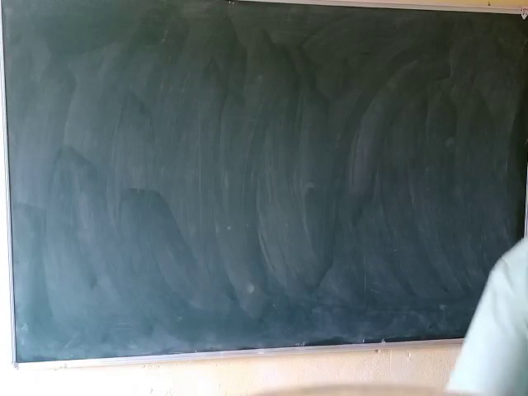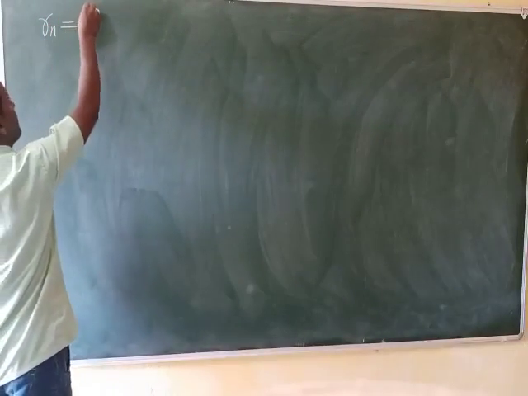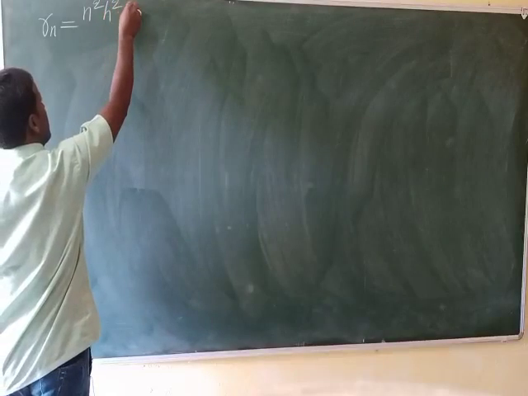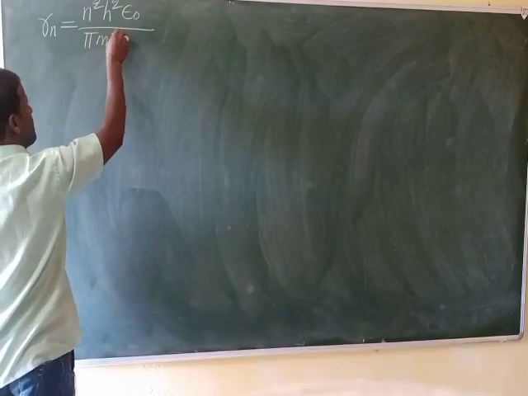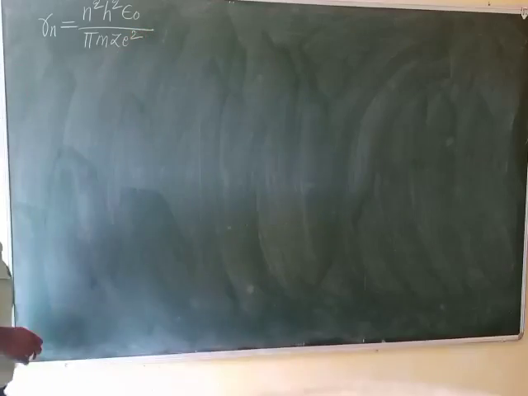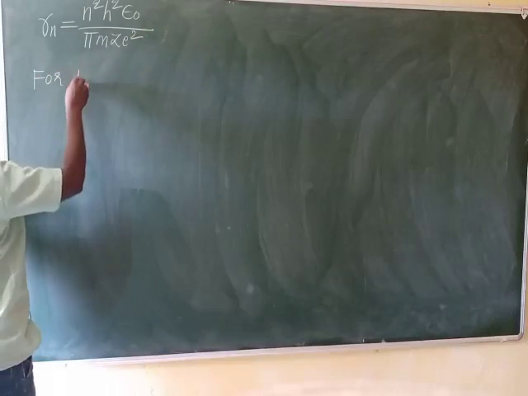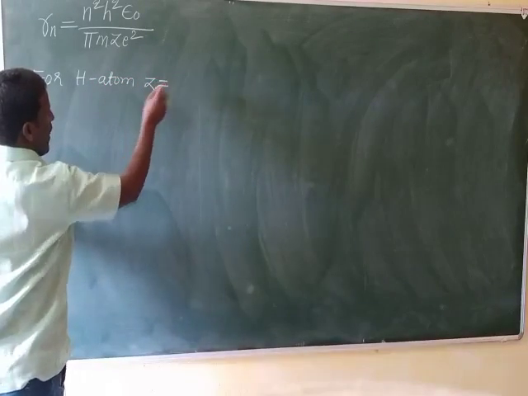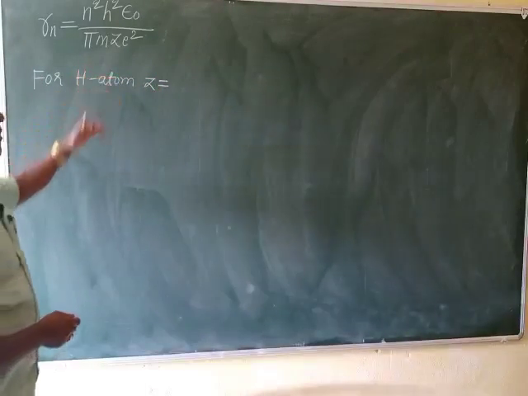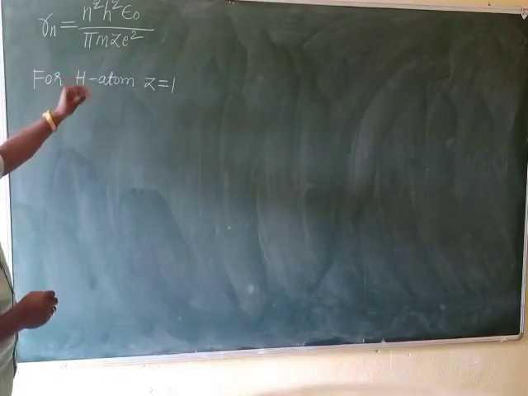The expression for the radius of the hydrogen atom is rn equals n square h square epsilon by pi m Z square. For a hydrogen atom, Z, the atomic number or number of protons, equals 1.